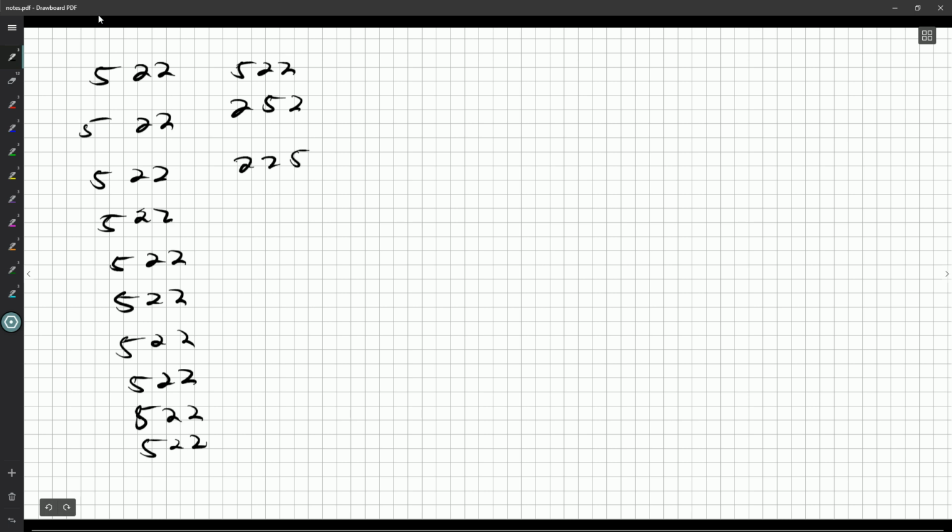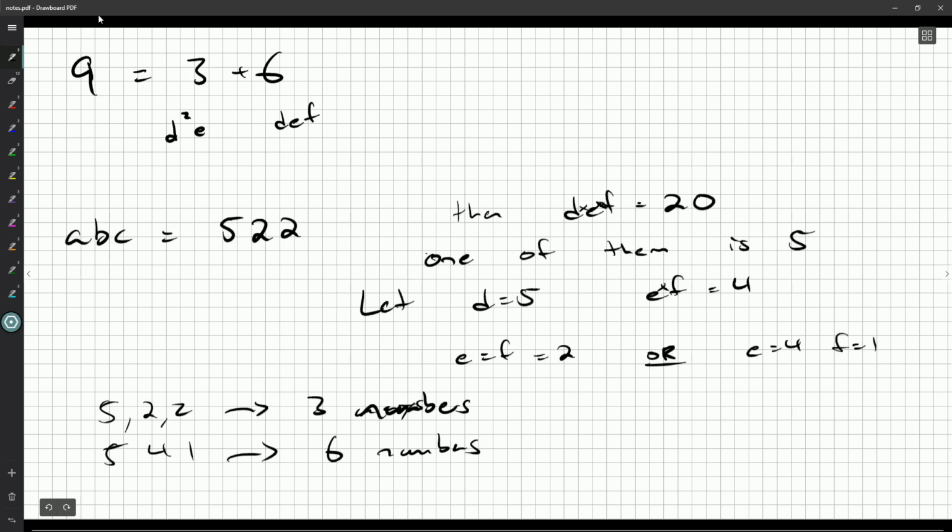But then there was that other way, because there's only 2 ways to split 4 into a product of 2 numbers. So we could have 145, 154, 415, 451, and oh, I've got one too many of these. Or 514 or 541. And that's going to be 9, and I've explained why it will only be 9.